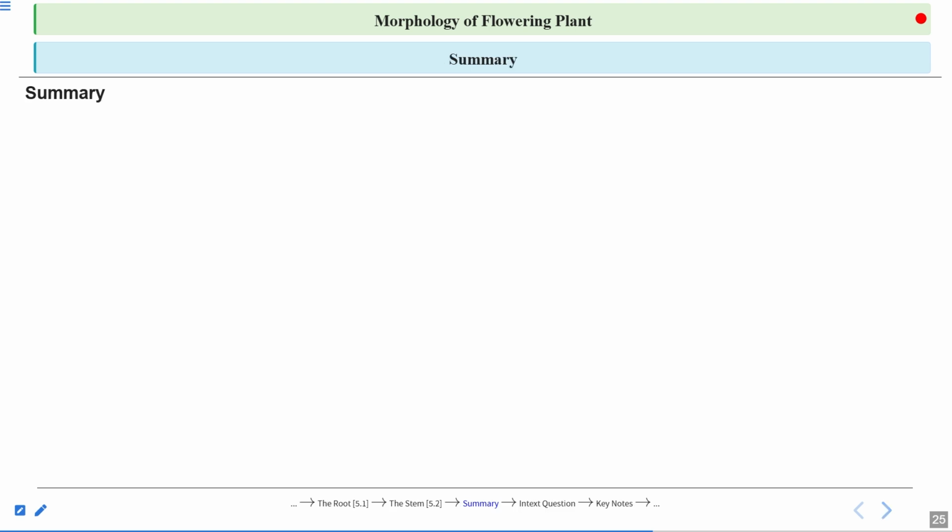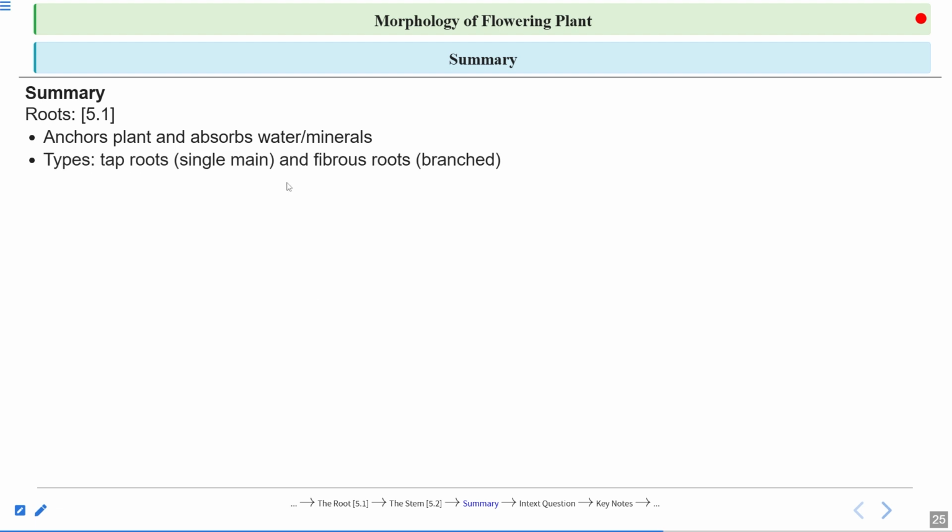Now we will have a summary of today's lecture. Roots anchor the plant and absorb the water and minerals. The types: taproot, single main, and the fibrous root that is branched. Parts: root cap, meristematic zone, elongation zone, maturation zone, that we have already seen.